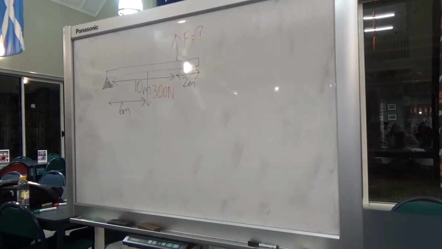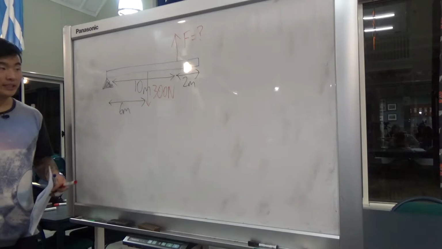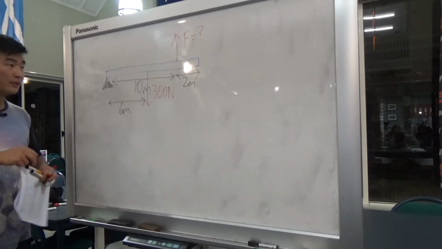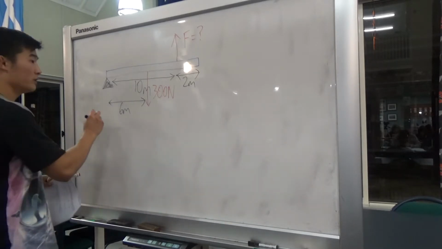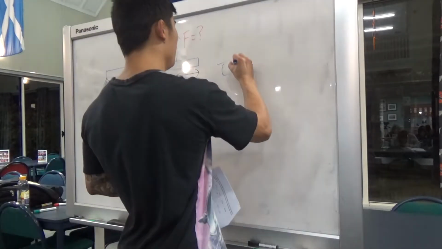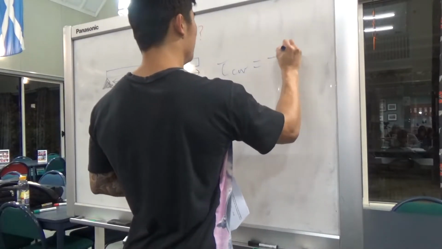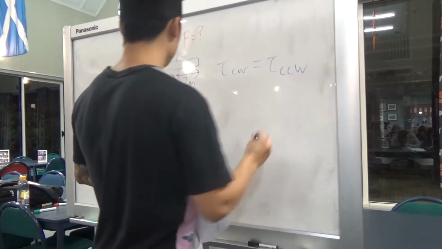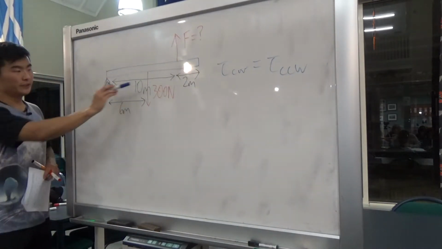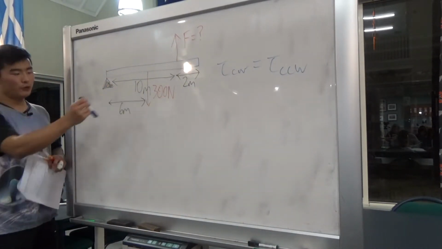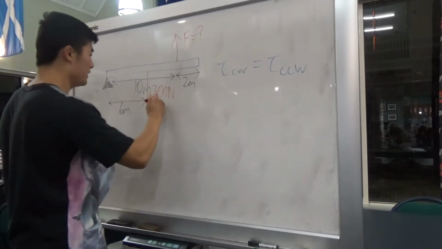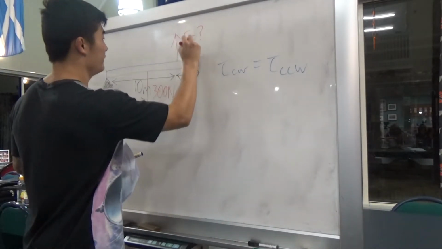okay, from the fulcrum. So again, you're just going to say that the torque clockwise is equal to the torque counterclockwise. So this force here, let's say is F1. So this is F1, and this one is F2.